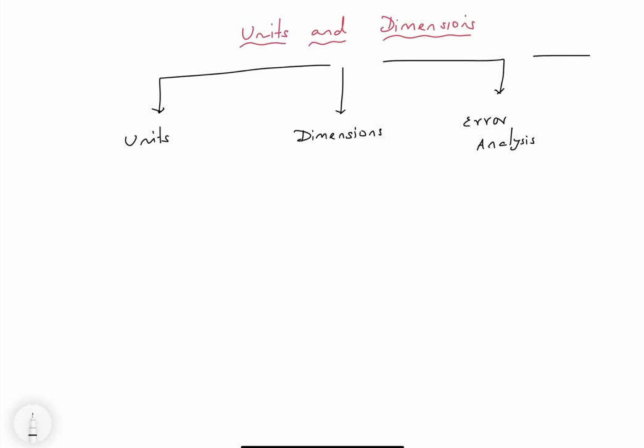Then we have the fourth part as instruments that we'll be using. It's nothing but vernier caliper and screw gauge. I hope till this is clear. This is the basic outline of the chapter, this is what is there in this chapter.